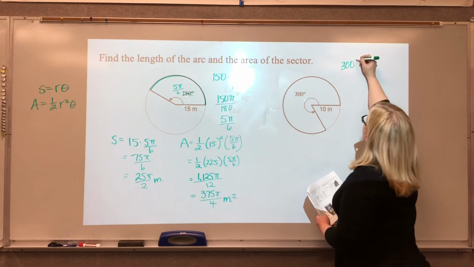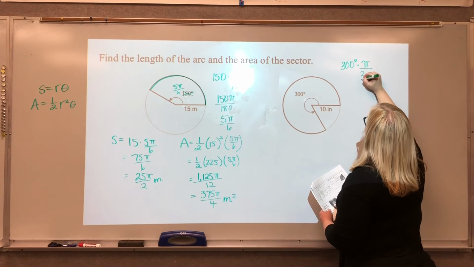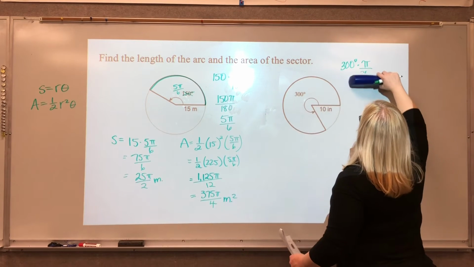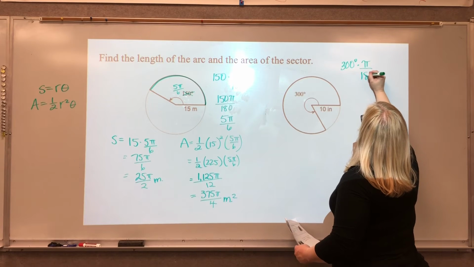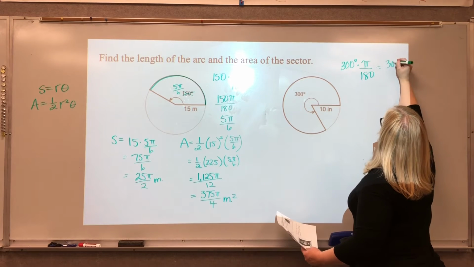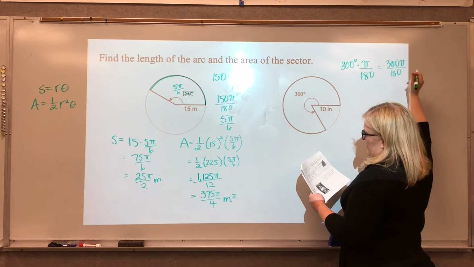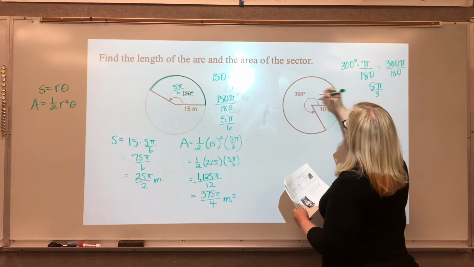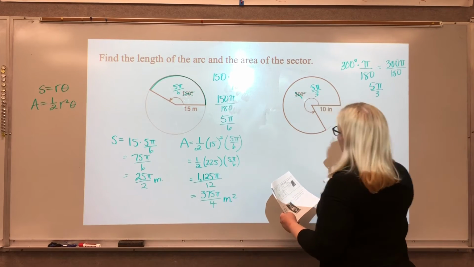I'm turning 300 degrees into radians, so times pi over 180. That's 300 pi over 180, which gives us 5 pi over 3. So we're going to use 5 pi over 3 instead.